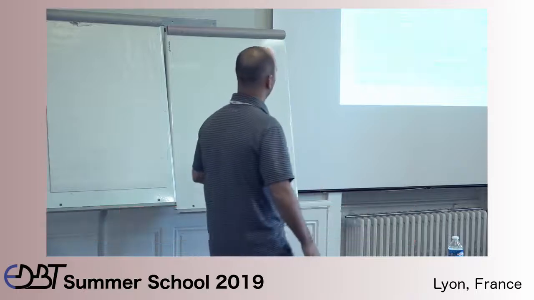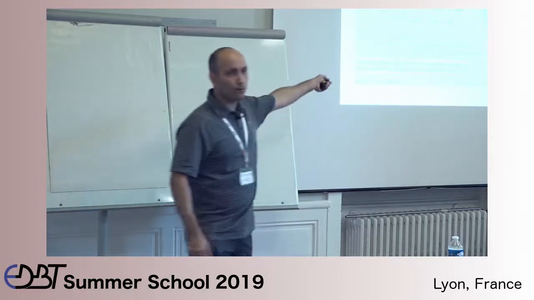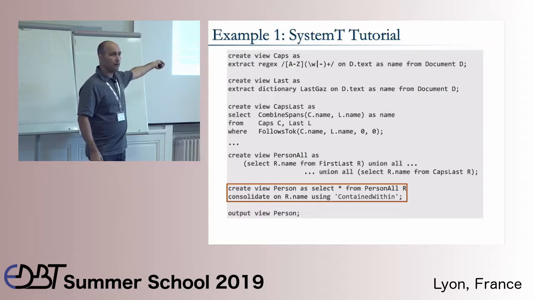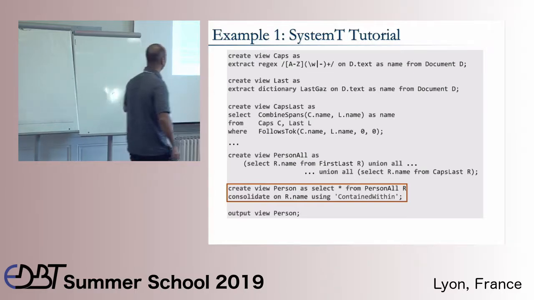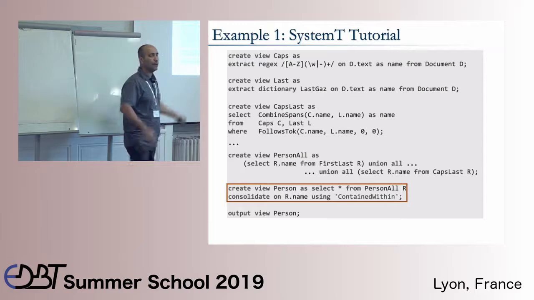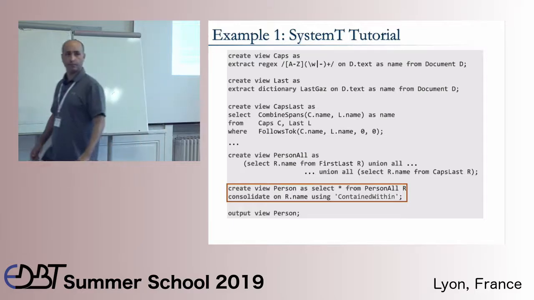Right? And so you remember I showed you this picture of the System T snapshot of the code, and there is this rule here that says, well, from the person-all relation, throw away any person such that the name is strictly contained in the name of another person. Okay?